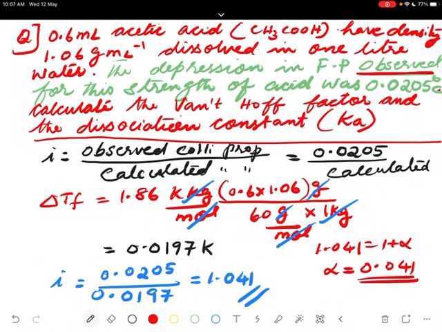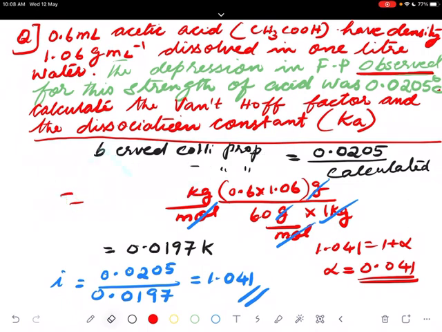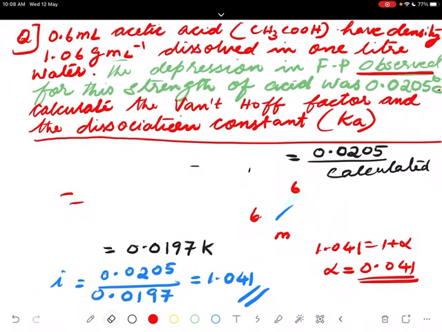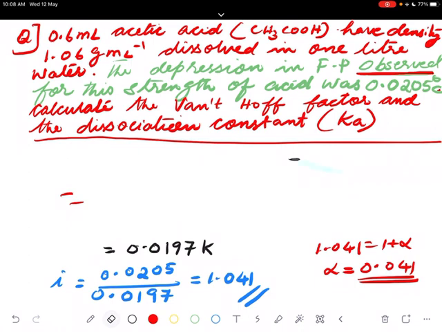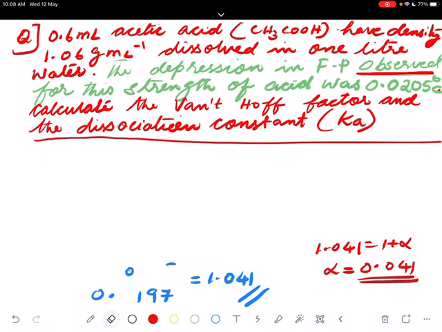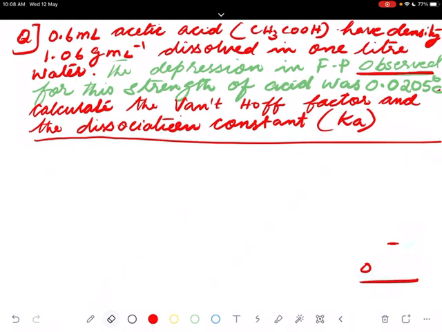Now I can find out that Ka. What is Ka? Ka is equal to C alpha square upon 1 minus alpha. What is C? C is the molarity.